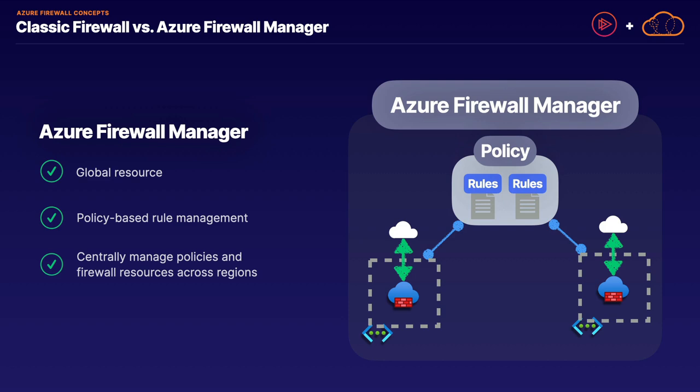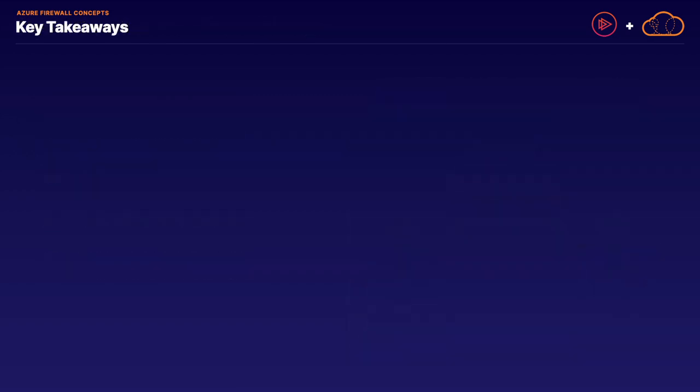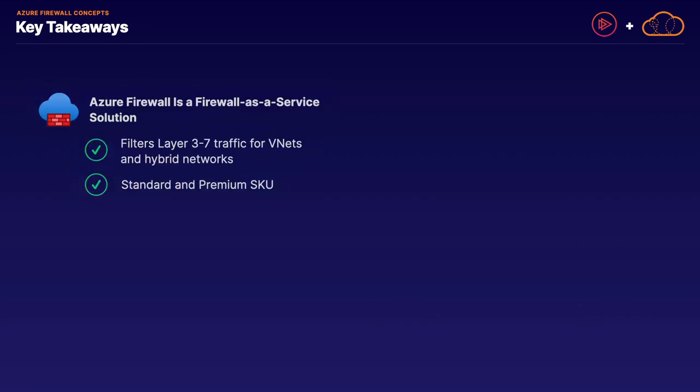All right, gurus, now it's time to wrap up this lesson with the key takeaways for Azure Firewall to move us into the next lessons. It's important to remember, if you take away anything about Azure Firewall, that it's a firewall as a service solution for filtering layer 3 through 7 traffic for virtual networks and hybrid networks in hub and spoke topologies.